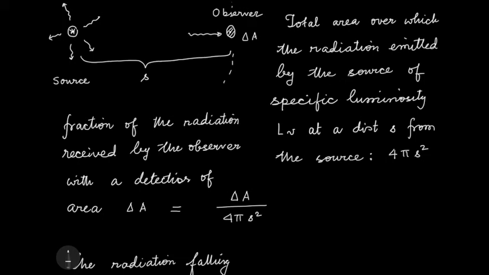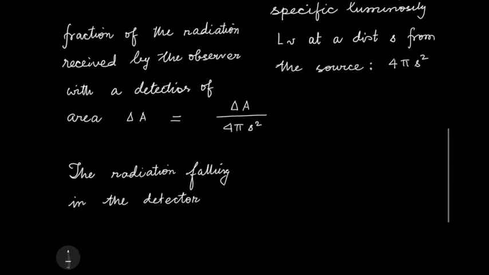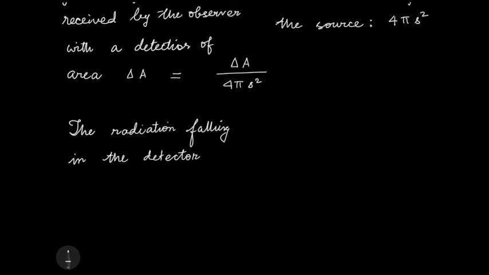and we consider normally, right? As you remember, we are considering only the radiation which is falling directly onto that area, not at an inclination. Normally per unit area. So that is required to take care of the effect of the different area that different detectors with different observers can have.